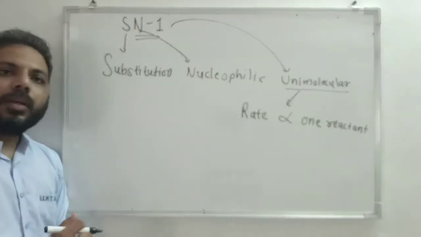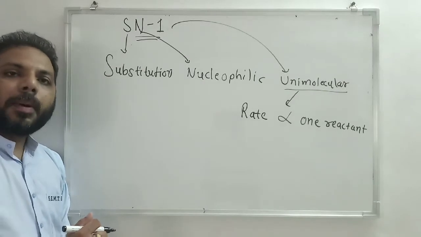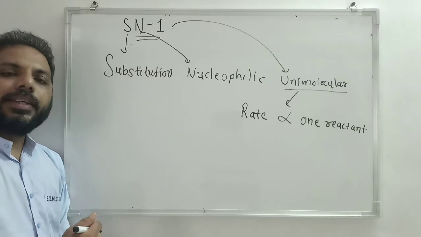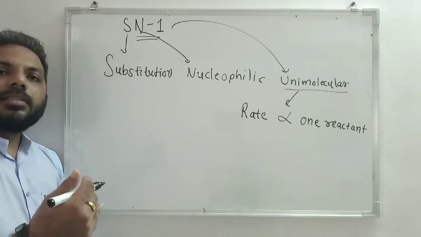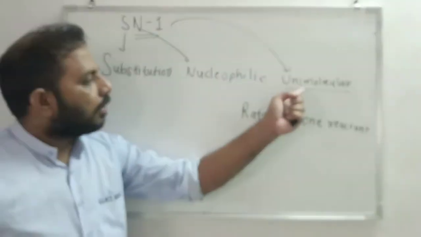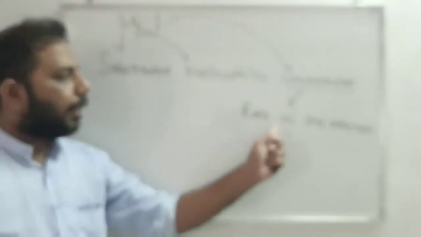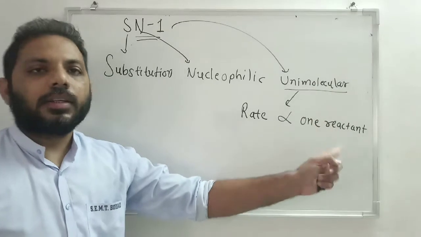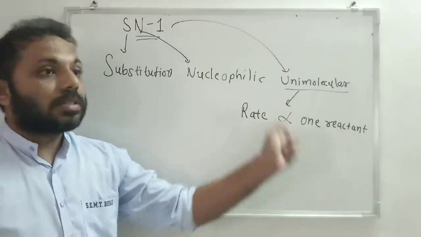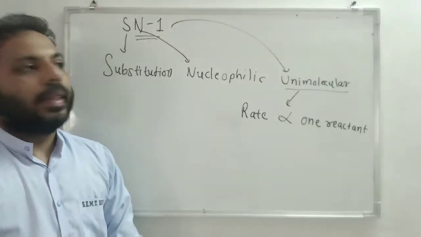Alright, so SN2 reaction was bimolecular. The reason is because in that reaction two reactants are responsible for the rate of the reaction, whereas in this case the rate of this reaction depends on only one reactant, specifically on the concentration of only one reactant.